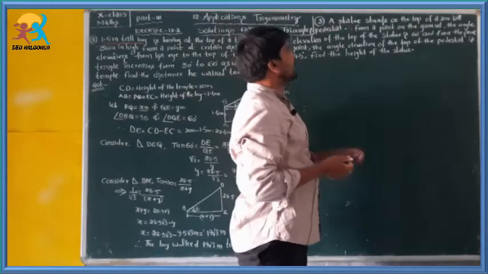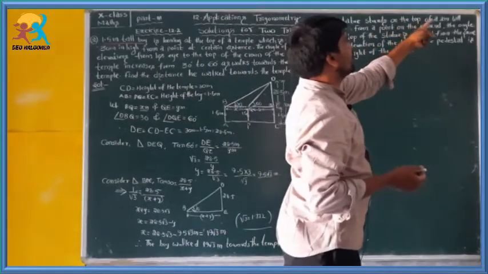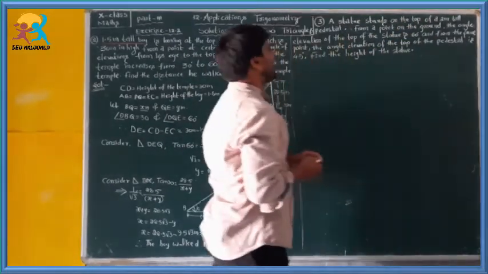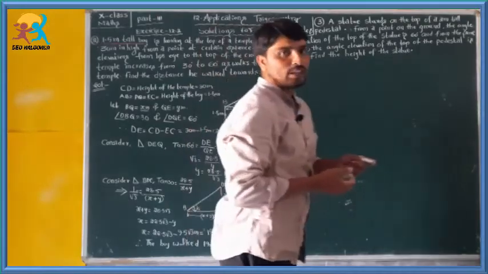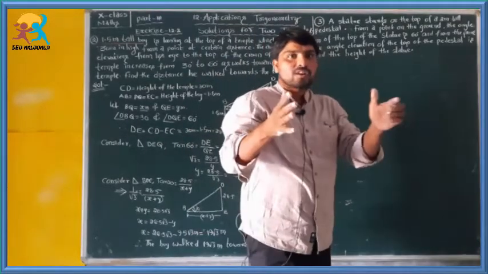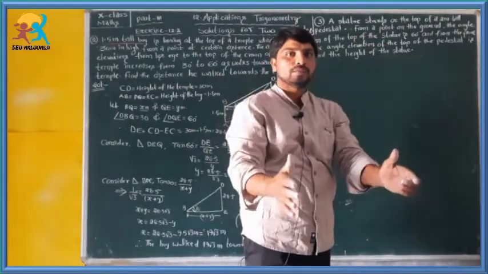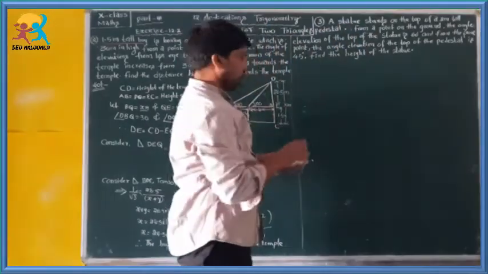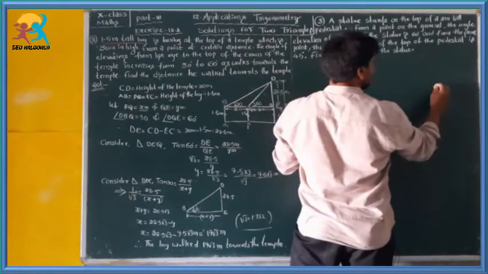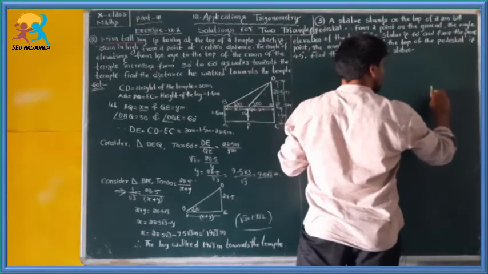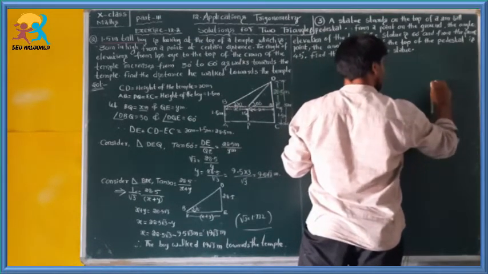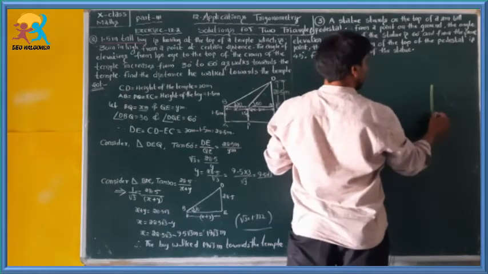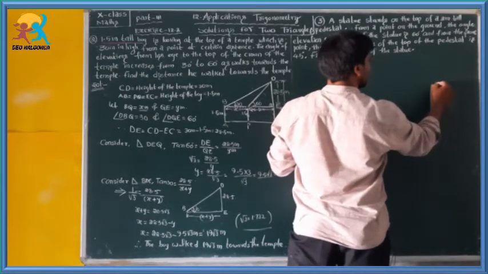A statue stands on the top of a 2-meter tall pedestal. Every statue stands on a pedestal. Some height is the pedestal, and above the pedestal we put a statue. So let us say that this is the pedestal. Height of the pedestal is AB.